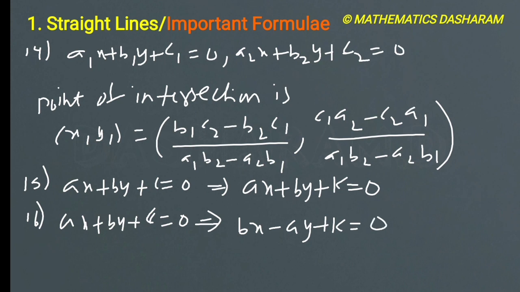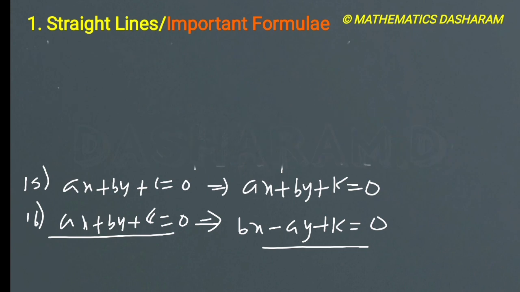Here see, the coefficients of y and x are interchanged and the symbol also changed, plus became minus, and the constant value will be changed. So this is the formula to find the equation of a line perpendicular to the given line. And what is k here? k is a constant number.